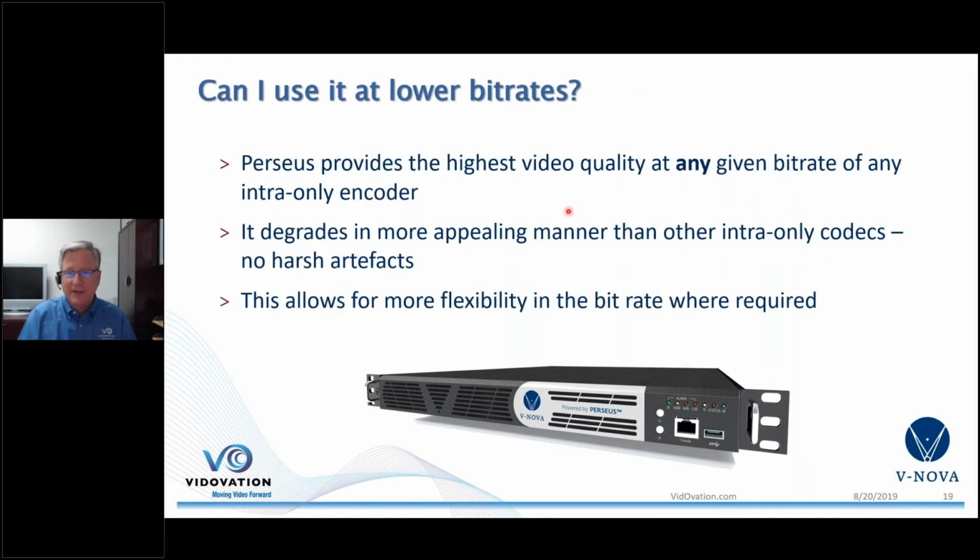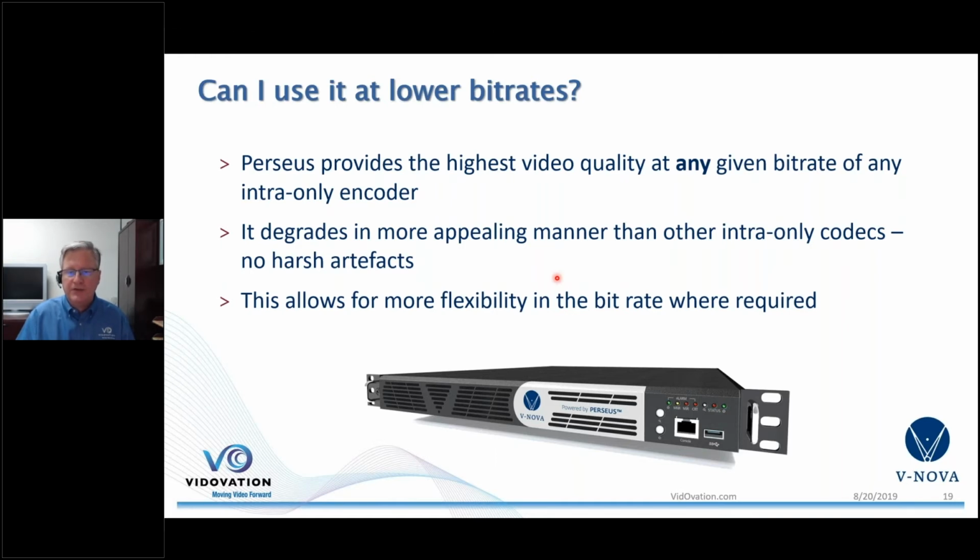Again, some of this I'm being a little bit redundant. Now, I did talk about, it's meant for managed networks for higher bit rates. It is able to go at lower bit rates. It does have that ability. When you compare Perseus at lower bit rates to JPEG 2000 at lower bit rates, in side-by-side visual tests, the Perseus looks much better.